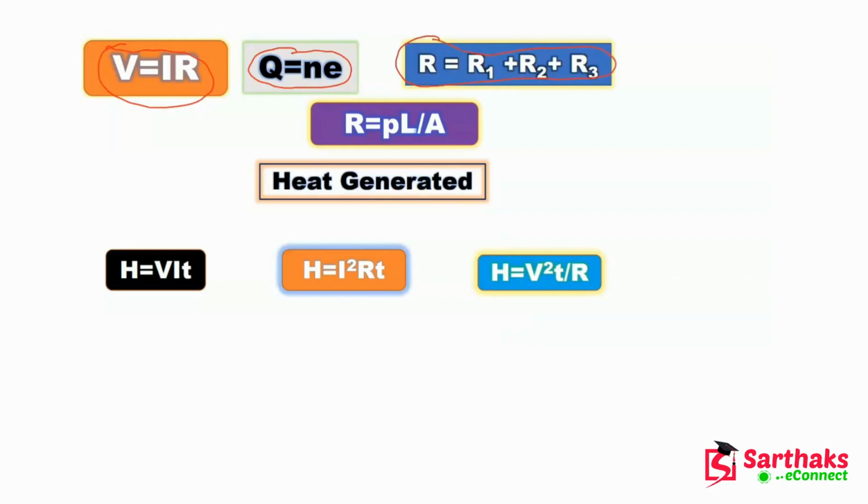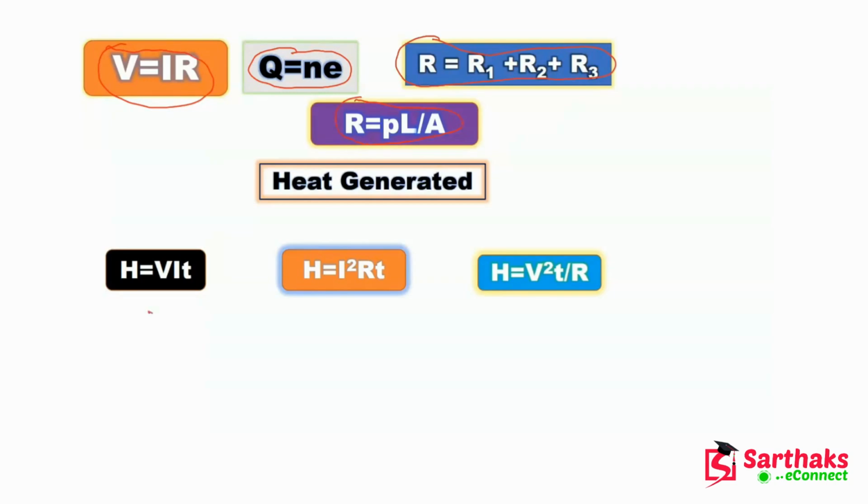We had discussed all these things, but here I just want to show you that these formulas are to be remembered. So for your help, I just put it here. This is again a formula of resistance. According to this formula, R equals resistivity into L upon A.